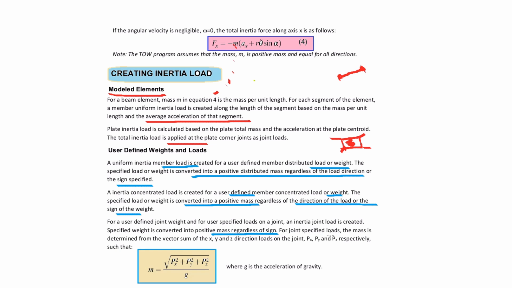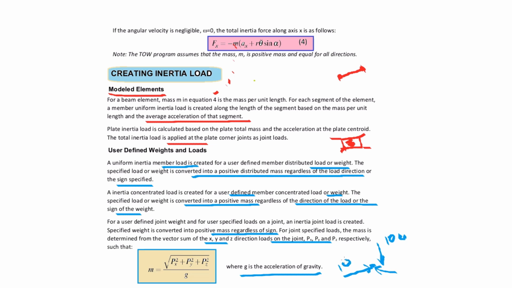For a joint specified load, the mass is determined from the vector sum of the x, y, z direction loads on the joint, Px, Py, Pz respectively, divided by the acceleration due to gravity. Suppose at one joint we have applied the load Fx is 10 kilonewton, Fy is 10 kilonewton and Fz is 10 kilonewton, in all three directions.